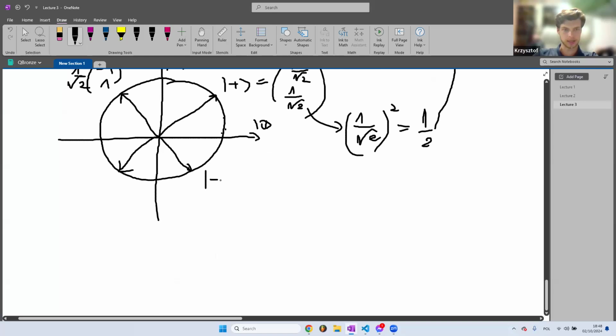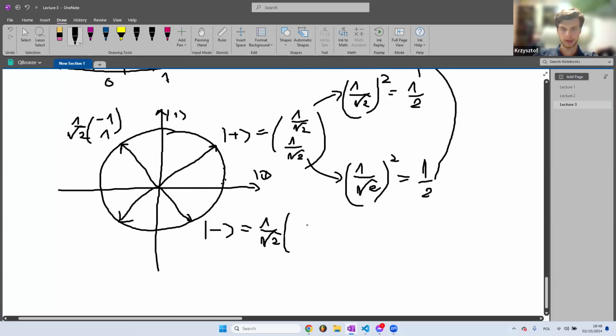This state is the minus state, which is 1 over square root of 2, 1, minus 1. And the last state is 1 over square root of 2, minus 1, minus 1.